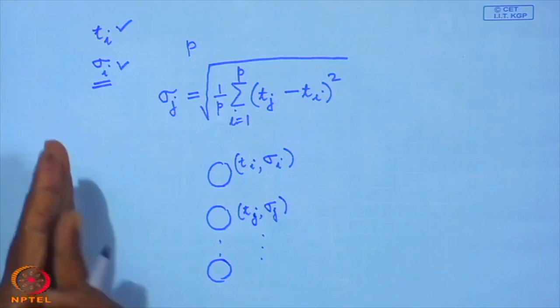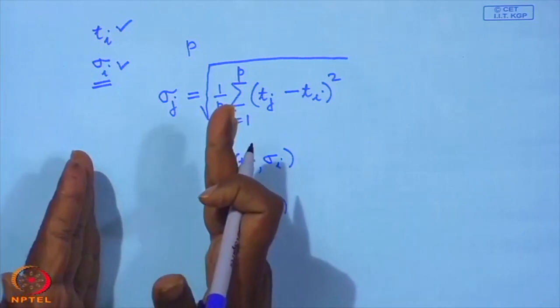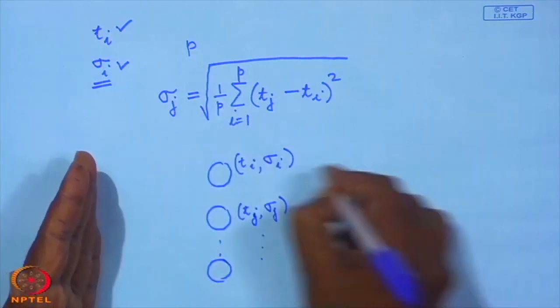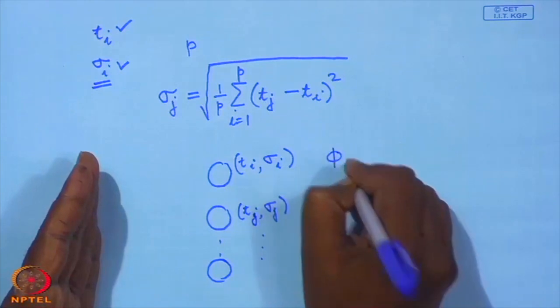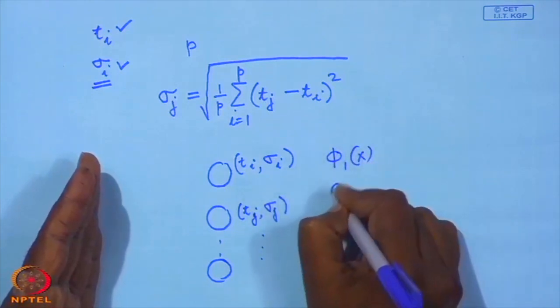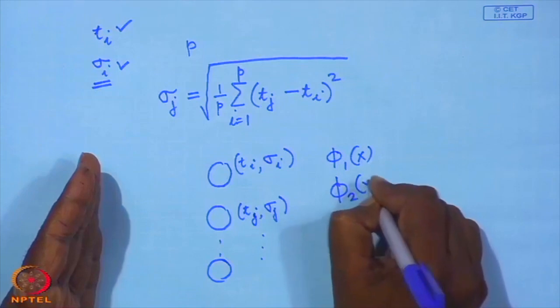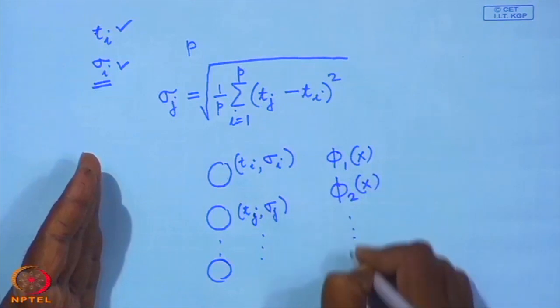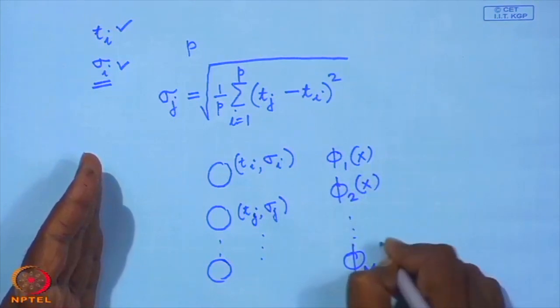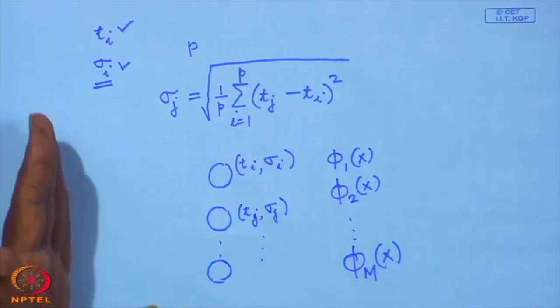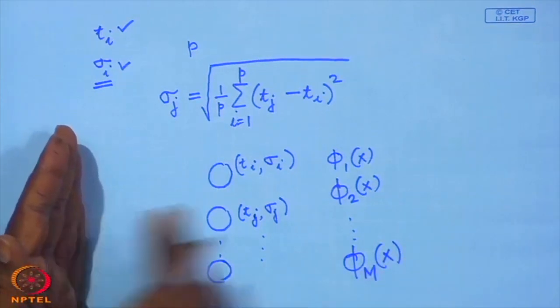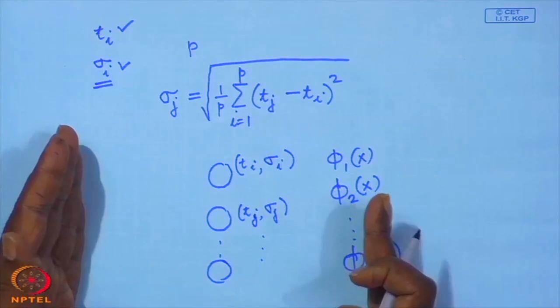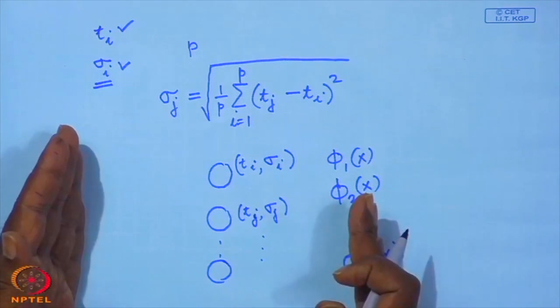Now, if I feed any feature vector x to this, I have the corresponding phi 1 of x, phi 2 of x, phi m of x. So, the original feature vector x is now converted to an m dimensional feature vector.